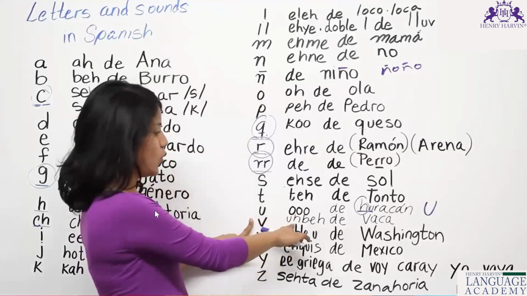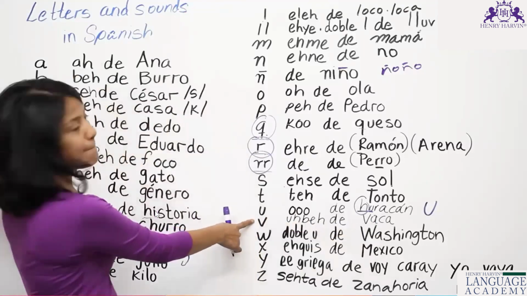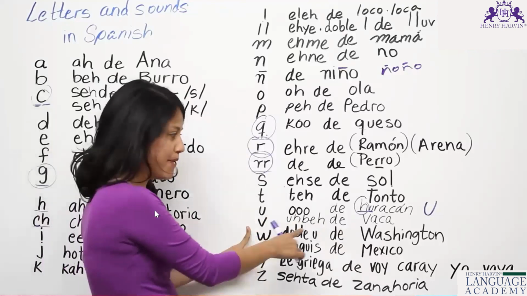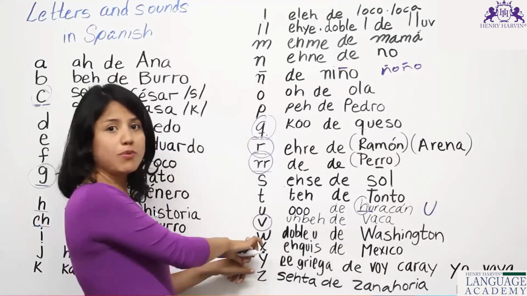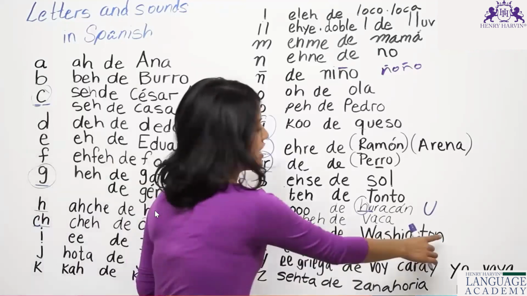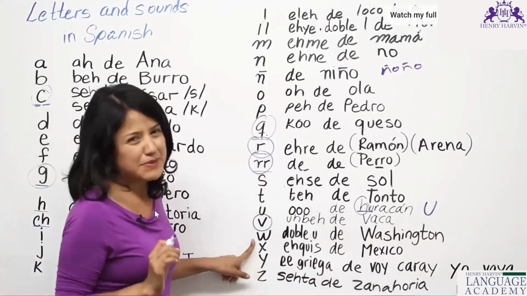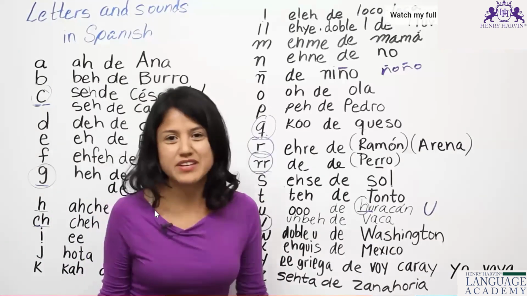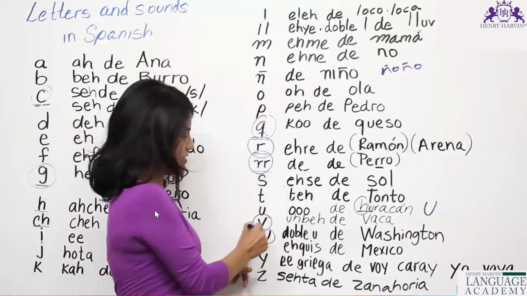V. V de vaca. B de burro, pero V de vaca. Another interesting sound. W. W de Washington. Now, yeah, my example is probably very bad. Washington. What does Washington have to do with Spanish language? Well, because this letter is so strange in Spanish, right?